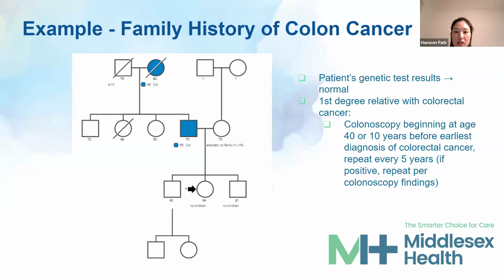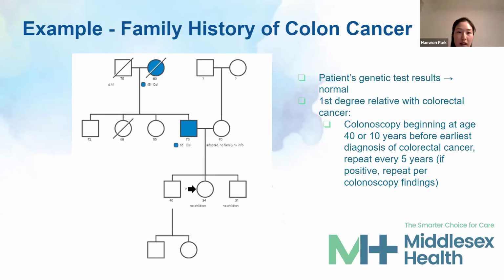So for our patient, just because her genetic test results came back all normal doesn't mean that her risk for colorectal cancer is the same as the general population risk. She still has a father and a paternal grandmother, so two relatives with colon cancer. So her risk is still higher than the general population risk.